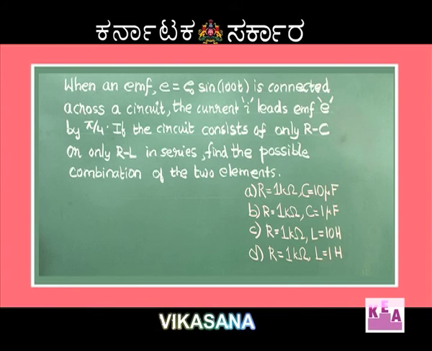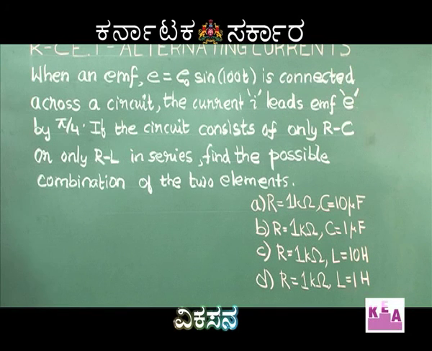Various combinations of R and C in the first two options and combinations of R and L in the second, third and the fourth options are given. Now first we will look at the question and extract a few pieces of information. First thing, EMF E is equal to E naught sine 100t.